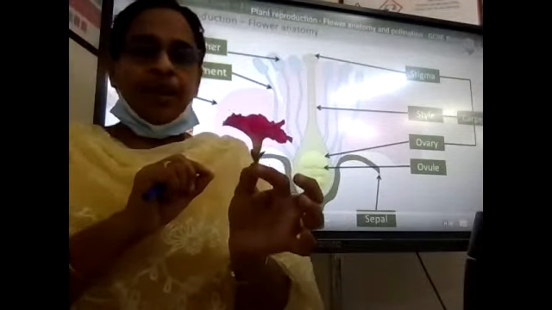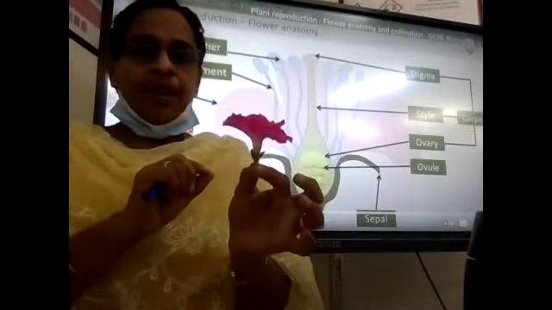Then the female reproductive part. The female reproductive part is this one. See. The female reproductive part is actually only one, but male parts are more. Have you seen the female reproductive part? Yes. A cup-like structure.